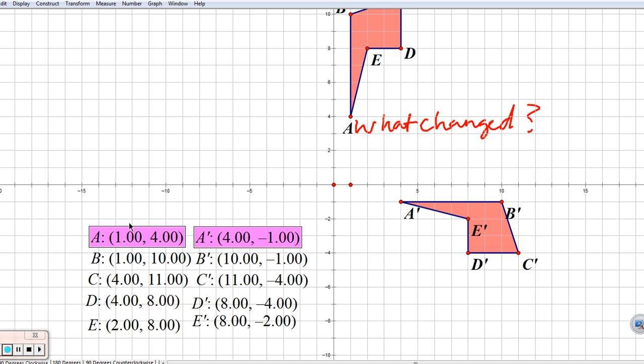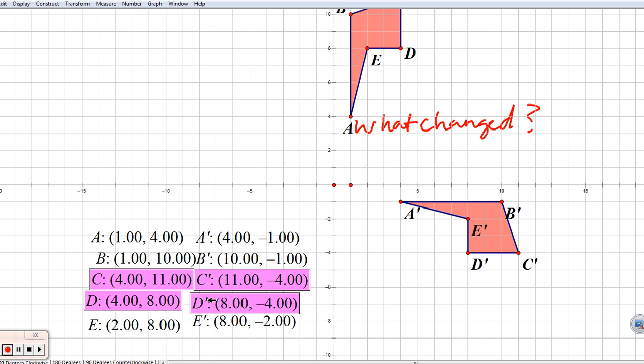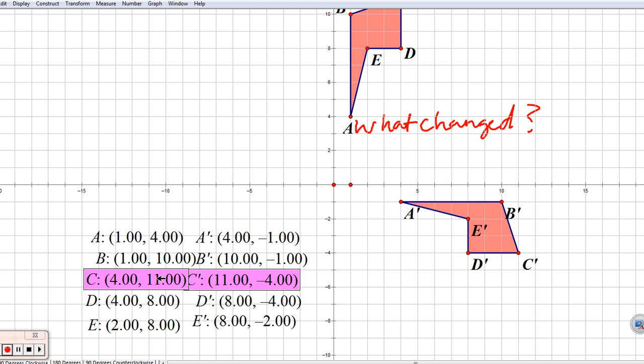Is my first value now second with a sign change, and my second value still first with no sign change? Did the same thing happen for the rest of my 3 points? Answer is yes.